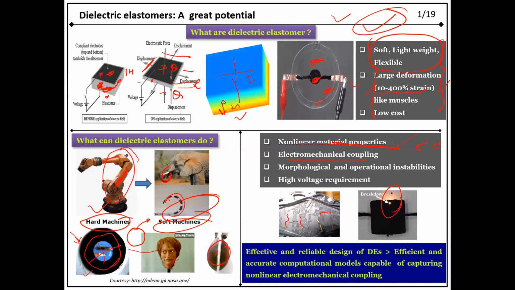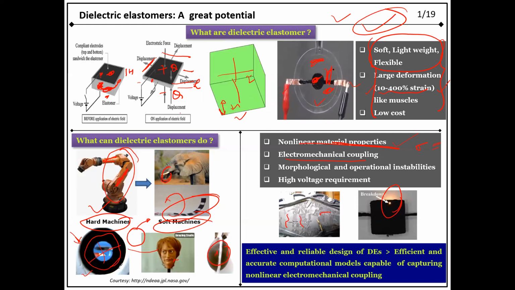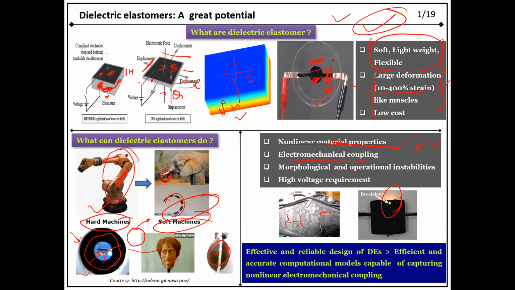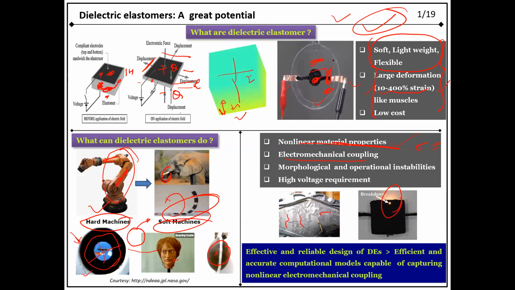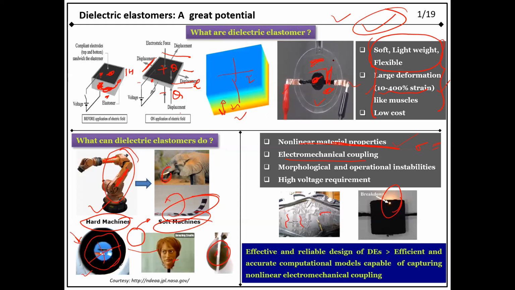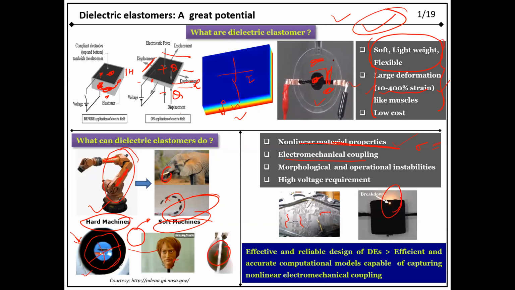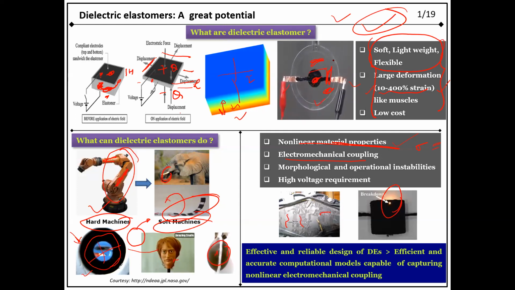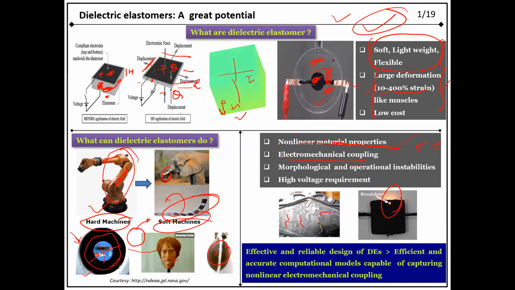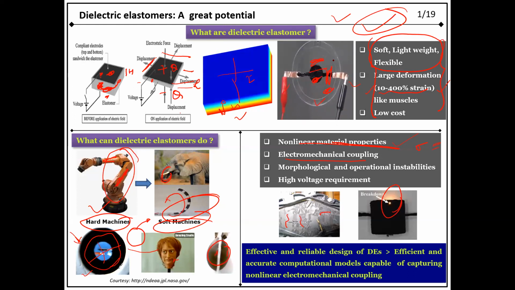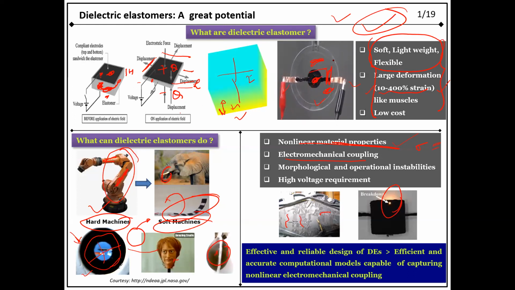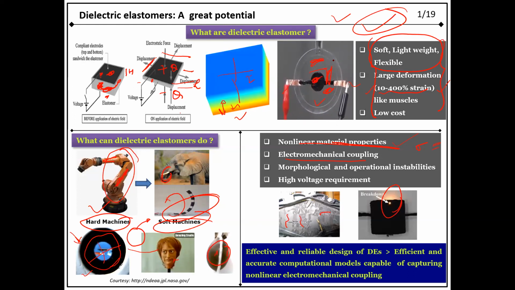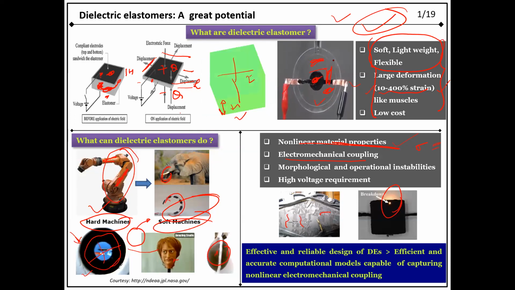For example, if you want to obtain such levels of deformation, it will be around 5 or 6 kV. Kilovolt is required, so a high voltage amplifier is required in order to actuate such kind of elastomers. So I can say that effective and reliable design of dielectric elastomer will require a computational model.